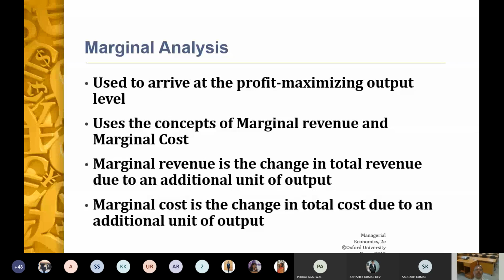Now, it's a beautiful thing in economics. You study once and you apply it three times. What you have seen as TP, total production, you can change to cost, say total cost, average cost, and marginal cost. The same thing you can apply to revenue: total revenue, average revenue, and marginal revenue.